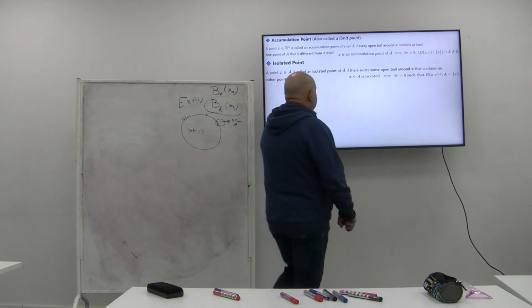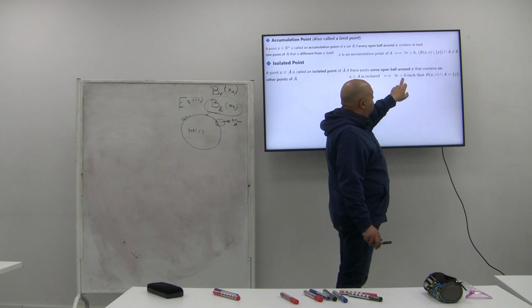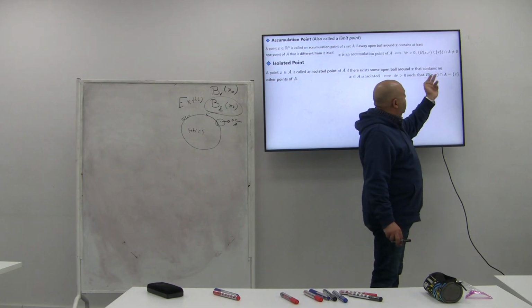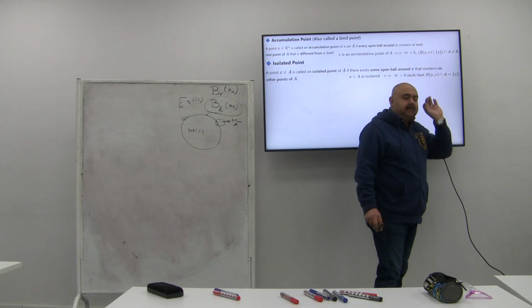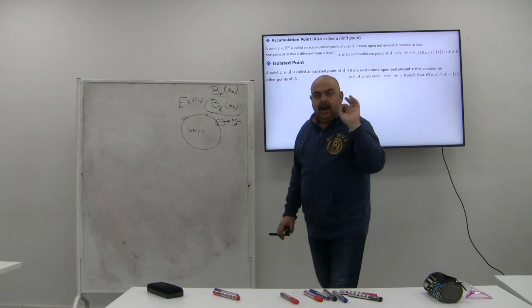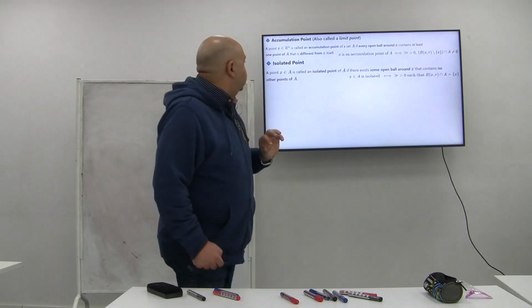Once more, x belonging to A is isolated if for some r greater than 0, the open ball intersection A is equal to this specific point. So we are talking about the points by themselves, point by point.